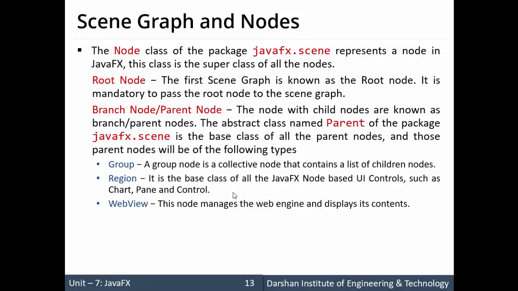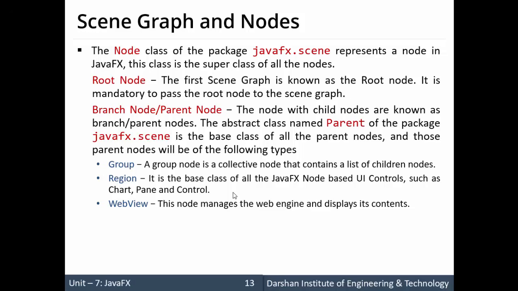That means it can contain chart, it can contain pane, it can contain other controls like text box, buttons, etc. And web view, this manages the web engine. That means if you want to load any HTML, CSS content, then we require web view. So these three can be the branch nodes which hold other nodes, like can be holding some other parent node or can be holding some other leaf nodes.